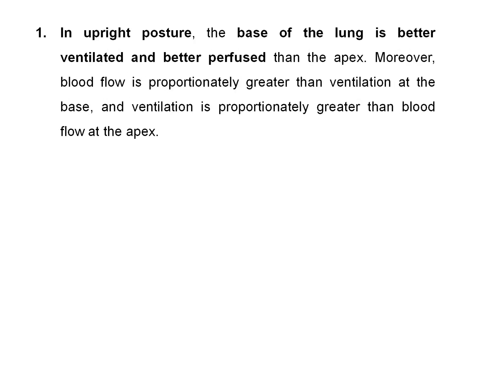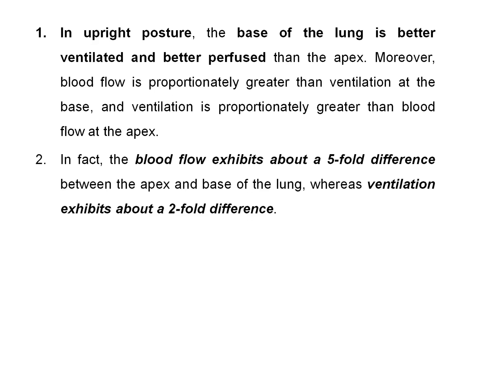Now, in upright posture, the base of the lung is better ventilated and better perfused than the apex. So after knowing these values, we can say that the base is better ventilated and better perfused. Moreover, the perfusion is greater than the ventilation at the base, whereas the ventilation is greater than the blood flow at the apex.